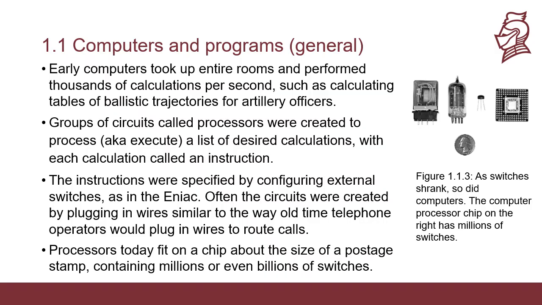One of the early uses was actually tables of ballistic trajectories for artillery officers. When an artillery officer is out there, they have to figure out, for a certain amount of powder in the gun and a certain weight of shell, I want this shell to go a certain number of yards. How high do I have to elevate the barrel? And so they had these tables that they would look that stuff up on.